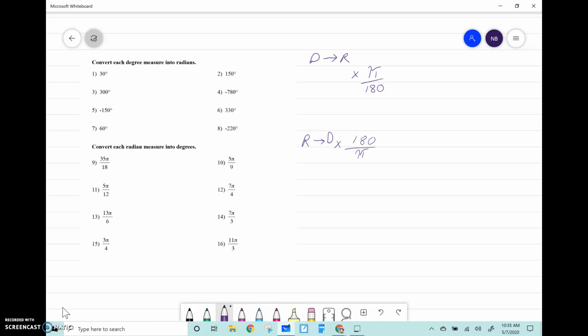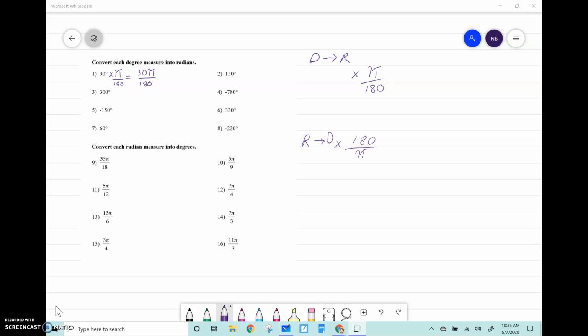So for instance, for number 1, we have 30 degrees. We're going to take that 30 degrees and multiply it by pi over 180. When we multiply that out, we end up with 30 pi over 180. Alright, and we can go ahead and simplify that.